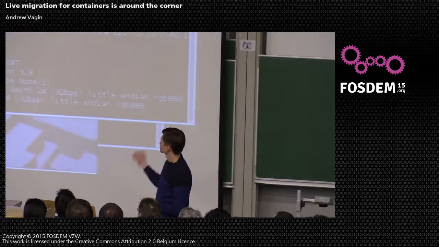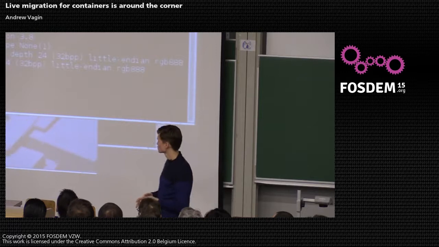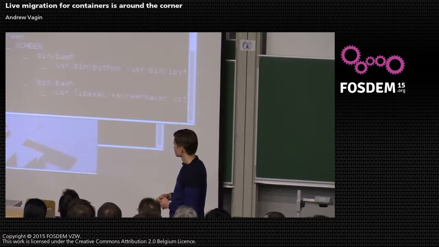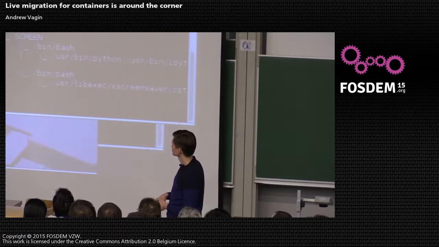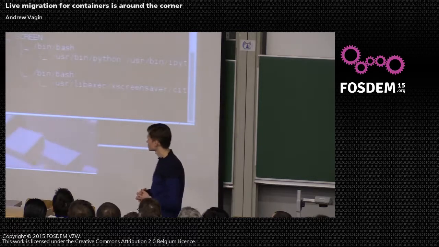It's a screen server, and now let's do some preparation. Just create directories for image files. Here is a process list. You can see it's the init process for this container. And here is Python and the screen server.